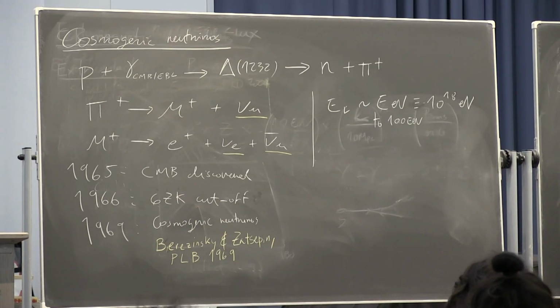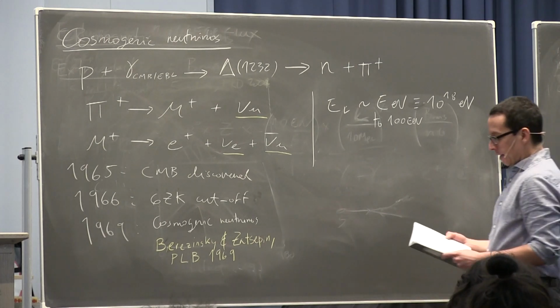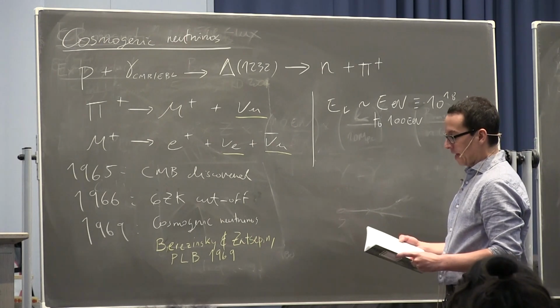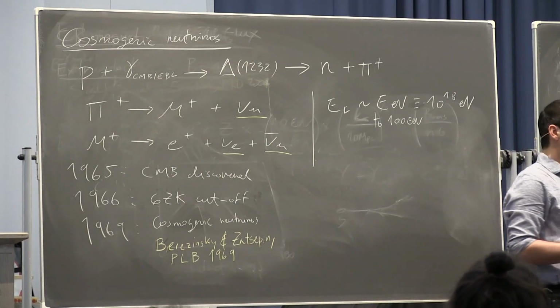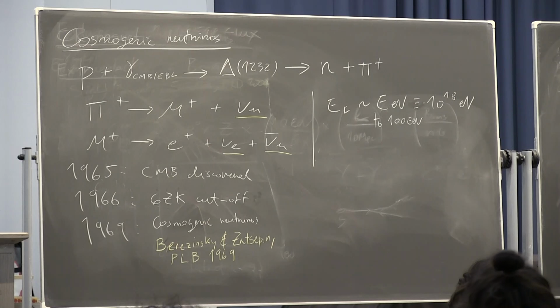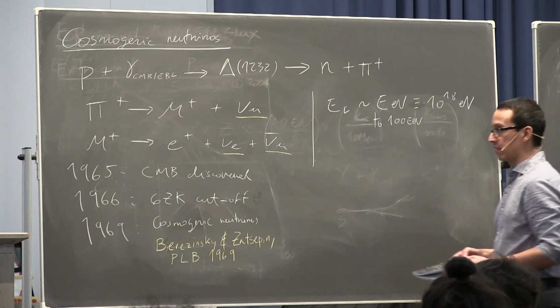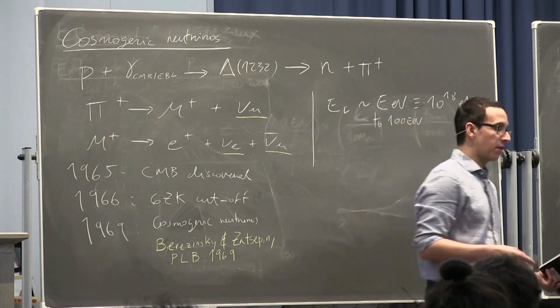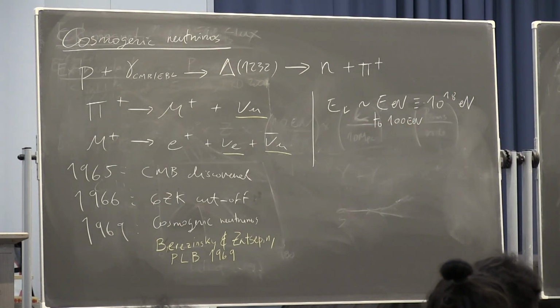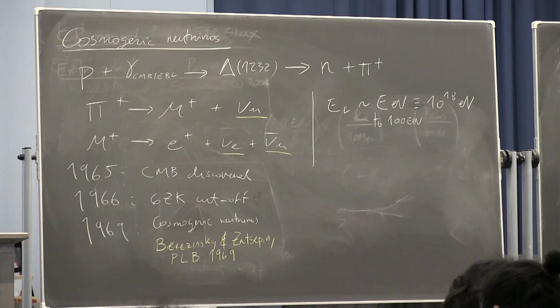And the second reason why they are interesting is because for the same reason, the neutrinos reach us from distances that are farther away than the distances that the cosmic rays can reach us from. So again, the GZK cutoff is imposing a distance horizon for the cosmic rays of about 30 megaparsecs. So anything above 5 times 10 to the 19 needs to come from the local universe. That is true for cosmic rays. It is not true for neutrinos.